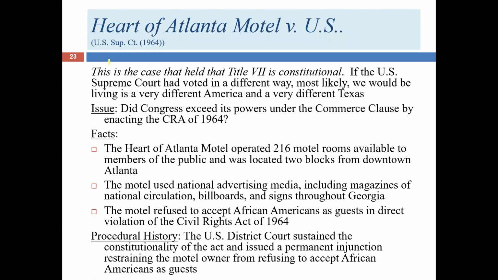This is that case that we talked about, the decision that caused Title VII to be considered constitutional. It actually wasn't an employment law case. This was a hotel in Atlanta called the Heart of Atlanta, and it did not want to permit African Americans to stay in the hotel. And so it was challenging the public accommodations portions of the Civil Rights Act of 1964.